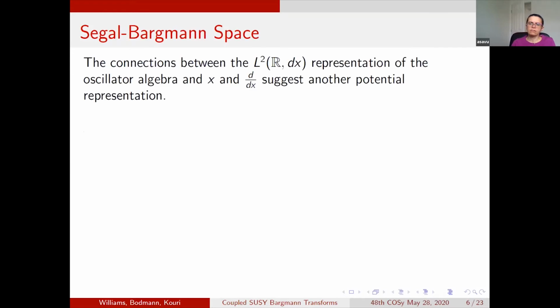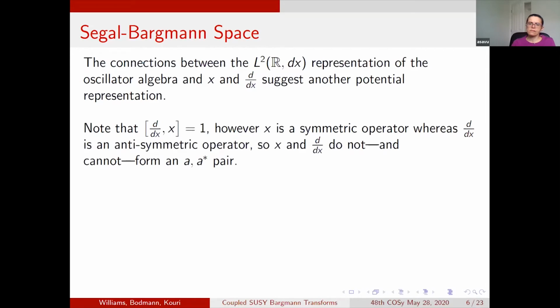So the connections between the L2 of R representation of the oscillator algebra and x and d by dx suggest another representation. So d by dx and x have a commutator of 1, but x is a symmetric operator, whereas d by dx is anti-symmetric. So if you try to have d by dx represent the adjoint of x, it's going to fail because x is symmetric and they don't agree anywhere.